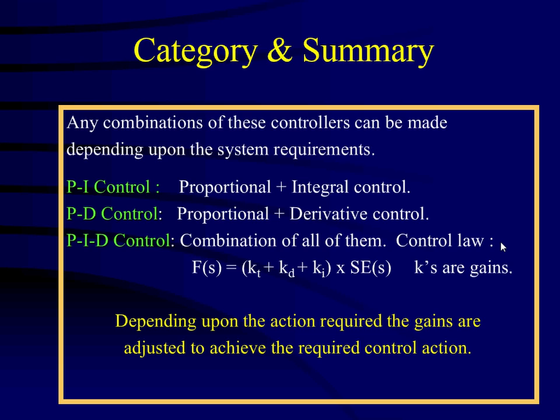In summary, you have any combinations of the controllers that can be done depending upon the system. You have PI control, which is proportional plus integral. You have PD, proportional plus derivative control, or you have PID control, which is a combination of all three.